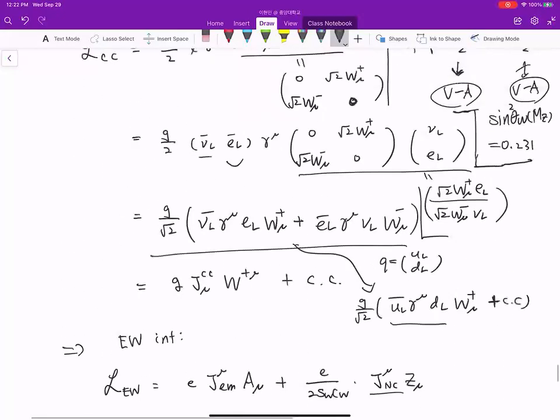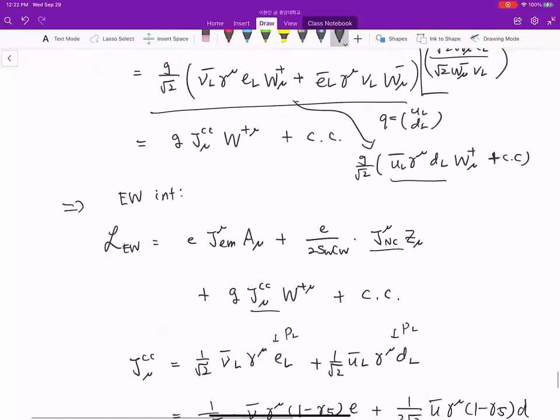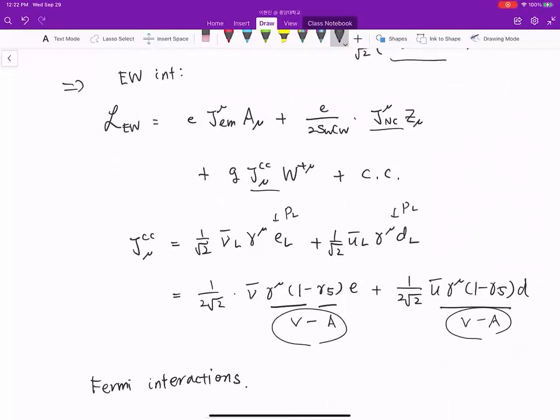Here the Z boson and W boson are massive, so short range. So we can integrate out the Z boson or W boson to get an effective interaction for quarks or leptons.